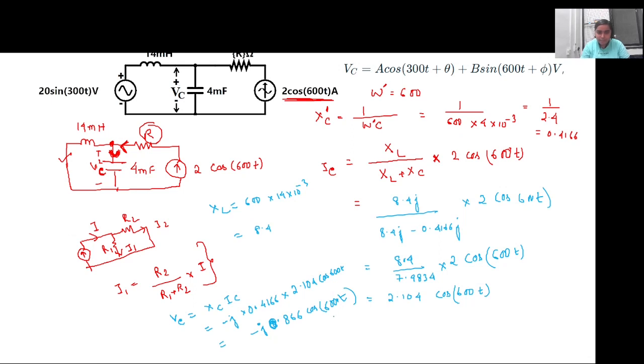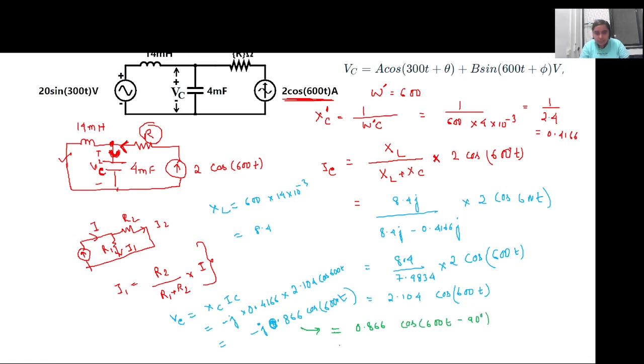Can we do that? Yes. Minus j is equal to angle of minus 90 degree, right? So 0.866 we can write this as cos of 600t minus 90 degree.